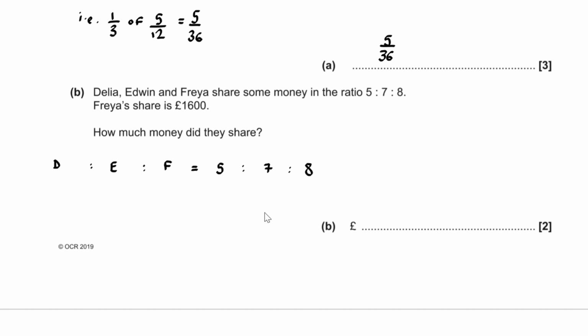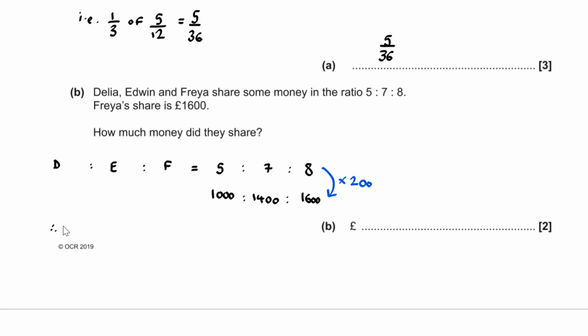And we know that F has 1,600. To go from 8 to the 1,600, we need to multiply by 200. So multiplying each of these by 200, 5 times 200 is 1,000, and 7 times 200 is 1,400.